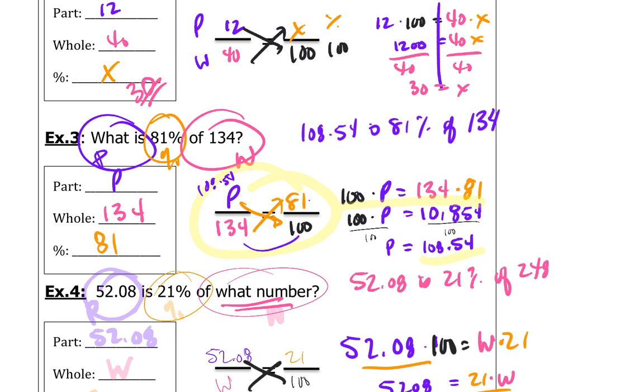So it should be proportional, right? So that answer makes sense. Here's our final answer for this. 108.54 is 81% of 134.